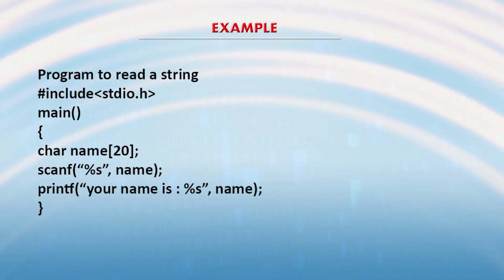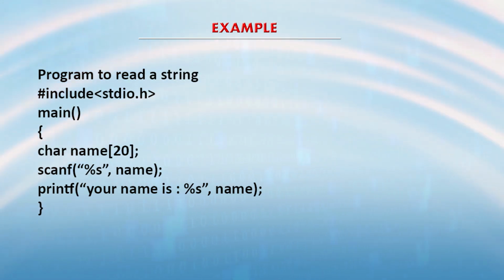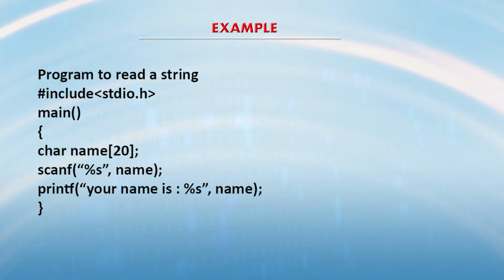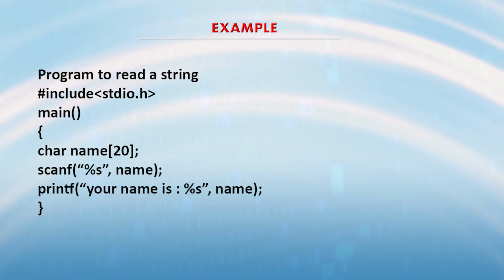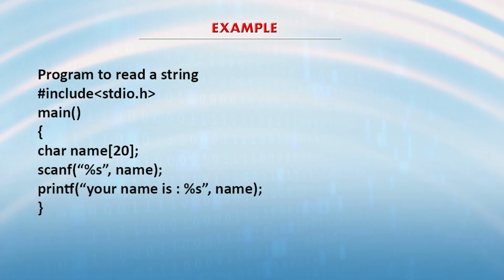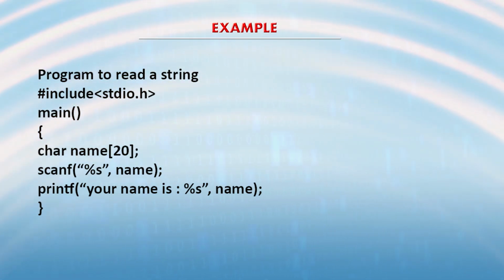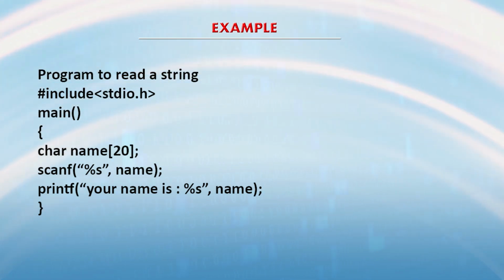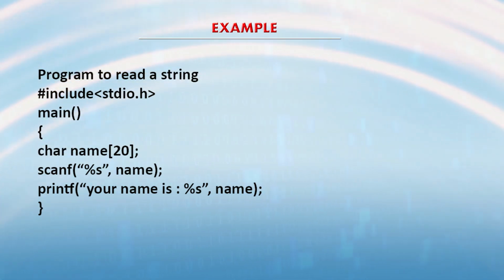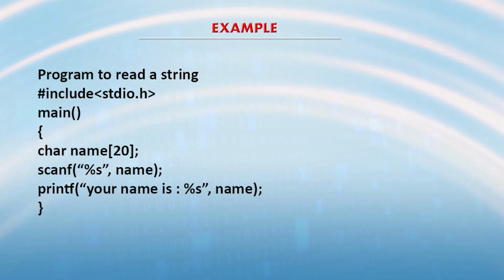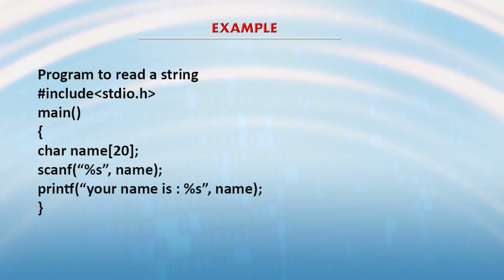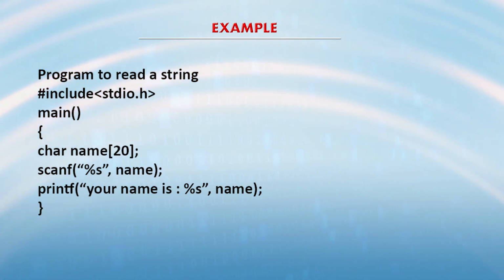By simply passing the name of the array, we are actually passing the 0th index of the array, that is the base address, and it automatically stores the entire string of length 20. So printf your name is %s. If I enter ABC, scanf %s reads ABC, and ABC is automatically stored in the array name. So this is how arrays are used to read strings, to read names in fact.